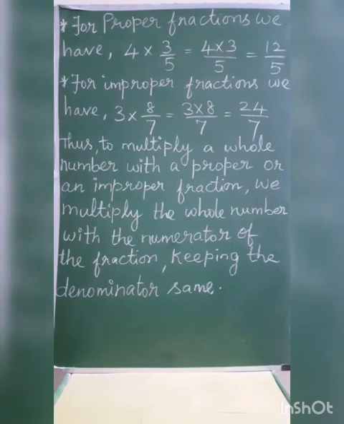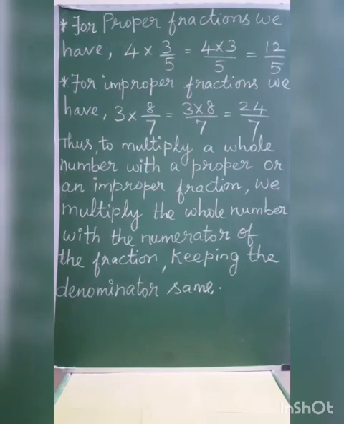Thus, to multiply a whole number with a proper or an improper fraction, we multiply the whole number with the numerator of the fraction, keeping the denominator the same.